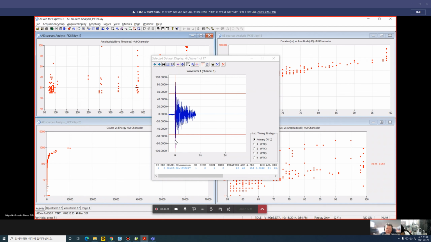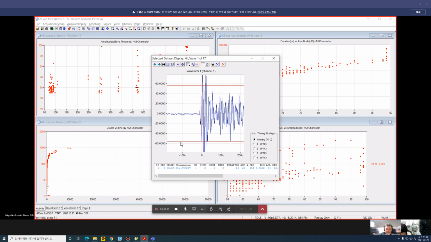If you look at how many times the signal crosses the threshold, that is the number of counts. If we magnify this part of the signal that crosses the threshold, how many times does the signal cross the threshold? How many counts? Four times. Okay, this is the number of counts. So you see where the information comes from?